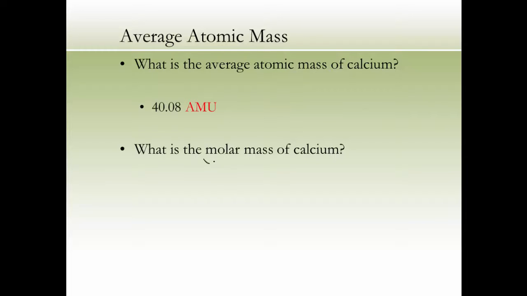Now this question's different and asks for molar mass. So molar mass is the one that we refer to in grams. So if we're talking about a single atom, atomic mass, it's very small, and it's that atomic mass unit, AMU. If we're talking about the molar mass, that's the big, gigantic amount of atoms, and we measure that in grams.